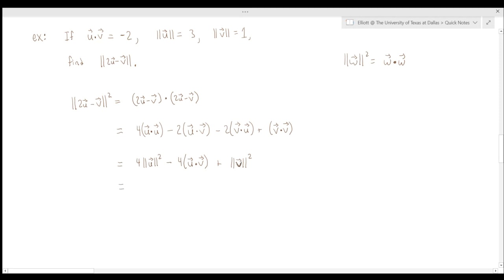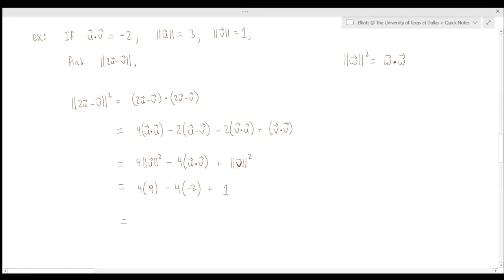And what we can do is plug in the norm of u was 3. So this would be 4 times 3 squared, which is 9. Next, the dot product is given to be negative 2. And finally, the length of v was given to be 1. So this is 1 squared, which is just 1.